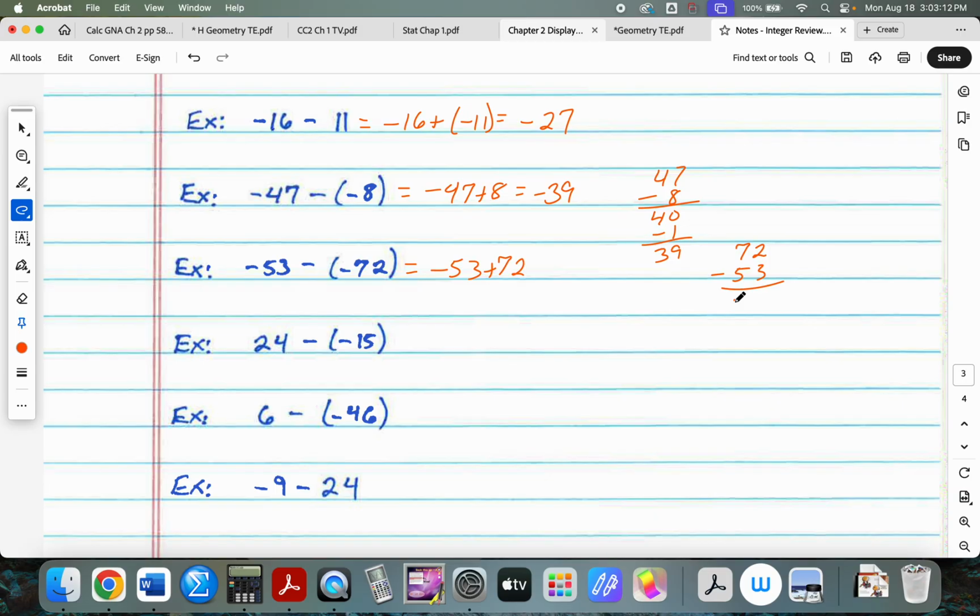What's 70 minus 50? 70 minus 50 is 20. Right? And what's 2 minus 3? Try again. Negative 1. You got it. So this is 19. It's a positive 19. Matthew, what's 20 minus 1? 21.